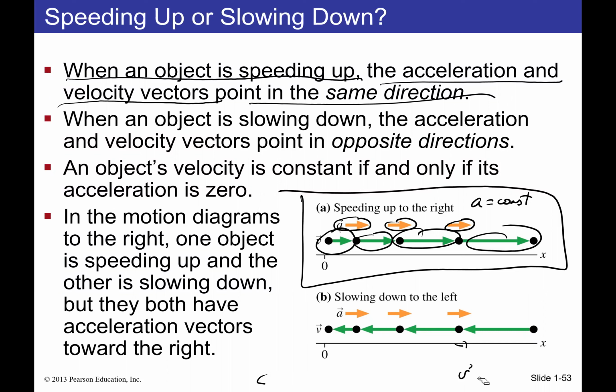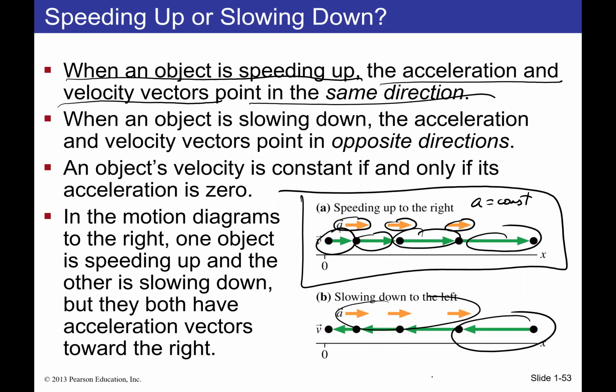But if you happen to have acceleration in the opposite direction, so for example, here's the object's motion to the left, but the acceleration here is to the right, which means in the opposite direction, then we can see that the object will be slowing down. You have a negative velocity, negative because it's moving to the left.